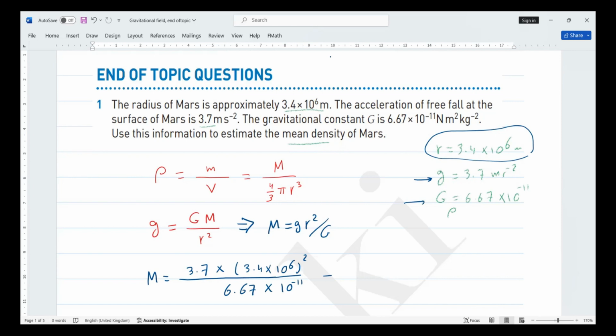By using the calculator, the answer will be 6.41 multiplied by 10 to the power 23 kilogram.